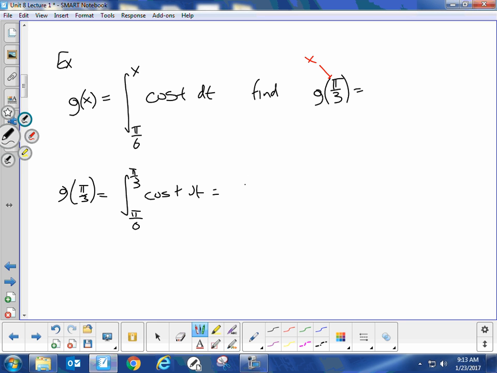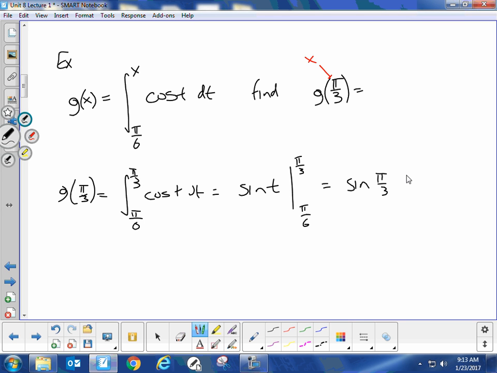Antiderivative of cosine is positive sine. Now, the antiderivative of cosine t would be sine t. Notice I'm not using x's for this antiderivative. It's important to kind of keep it separate. That way, we're just using correct notation and we don't make any mistakes potentially because of our notation.